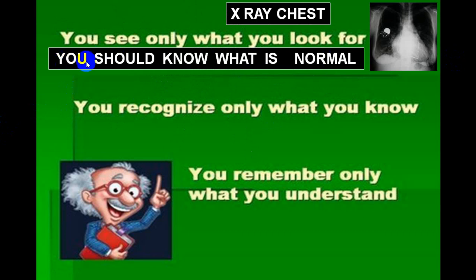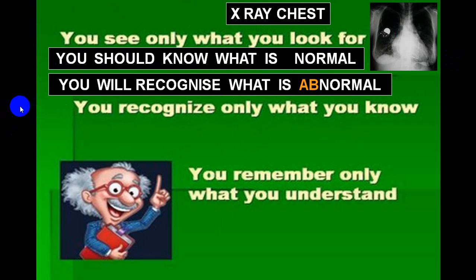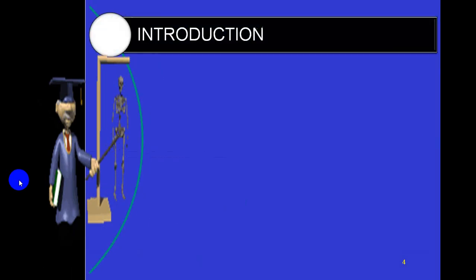So first you should know what is normal. If this is not normal, this is abnormal. That is what you should be able to identify. Then only you will be able to recognize what is abnormal, and then you'll try to find out what it is. So we'll go through all those things.